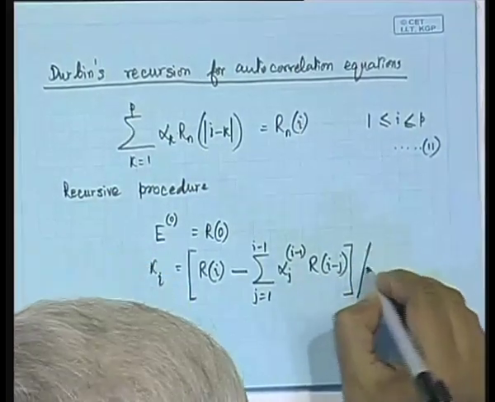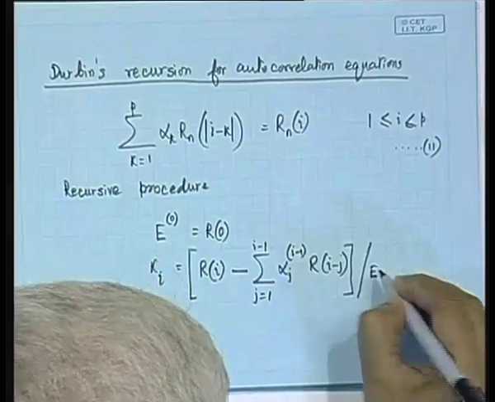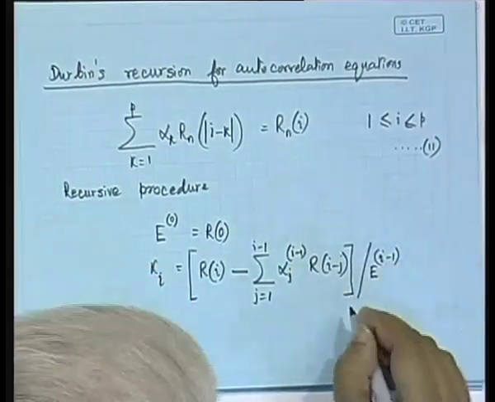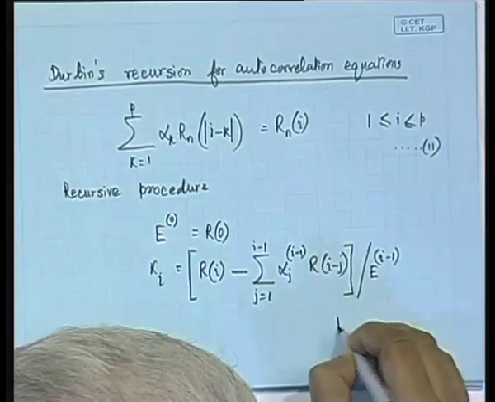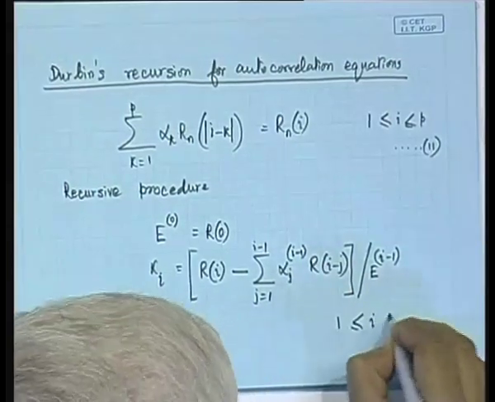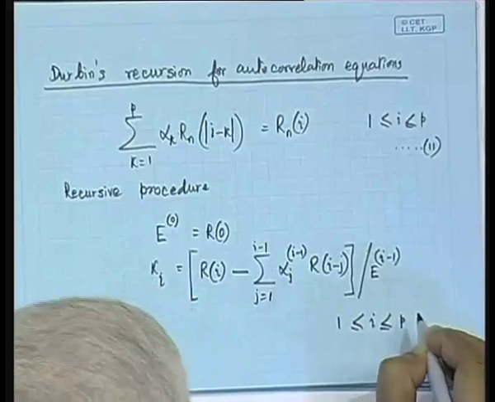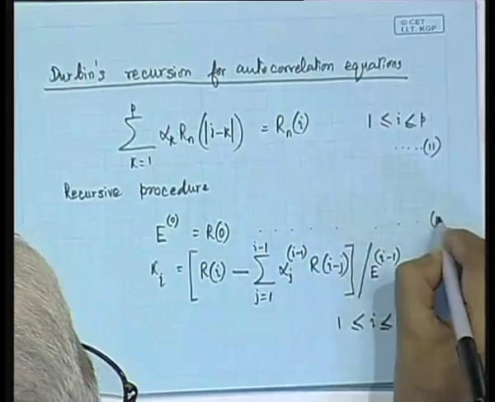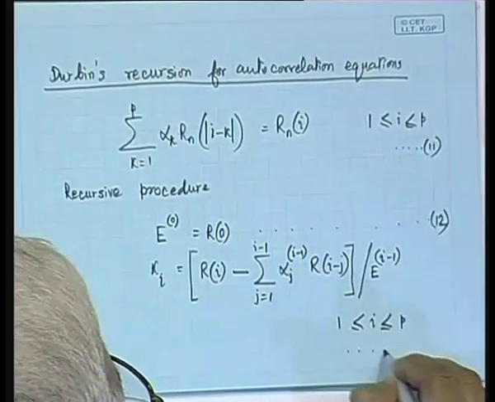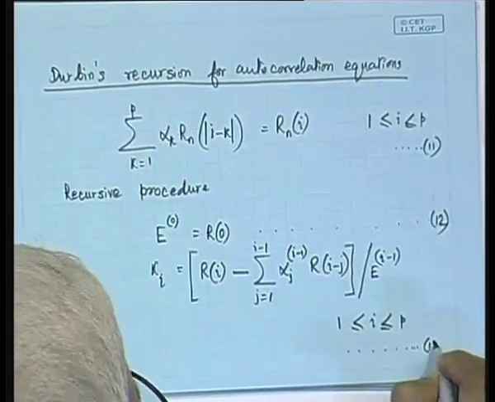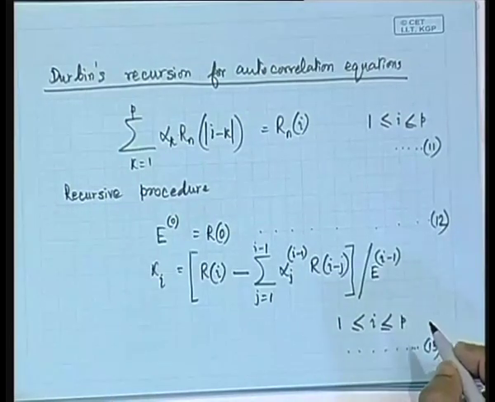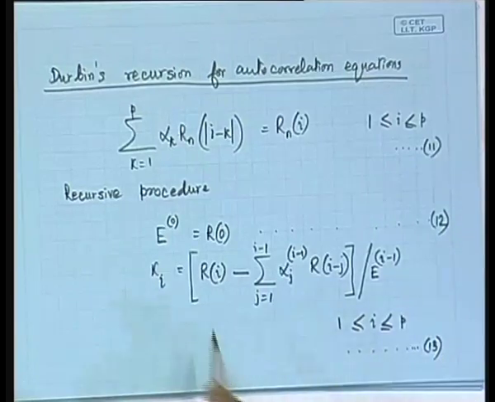This term we have to divide by E_(i-1), and this has to be done for i varying from 1 to p. We will call this equation number 12, and this equation number 13.